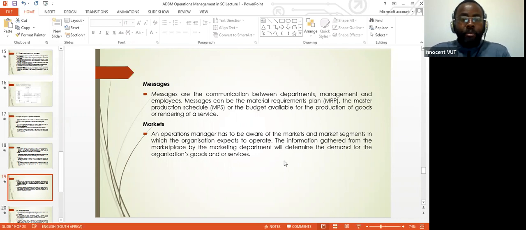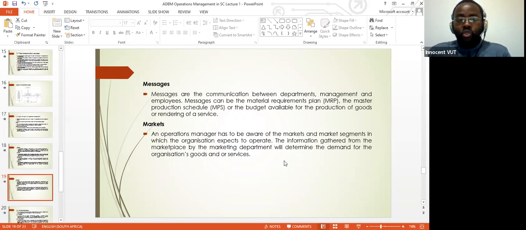And then the last M of inputs, we have markets. An operations manager is to be aware of the markets and market segments in which the organization expects to operate. The information gathered from the marketplace by the marketing department will determine the demand for the organization's goods and or services.